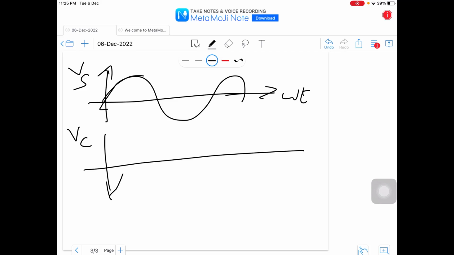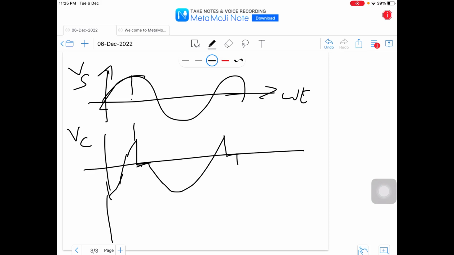It goes up to the peak value and discharges immediately and falls to negative. Once again, only during the positive half of the cycle it gets charged and discharges.